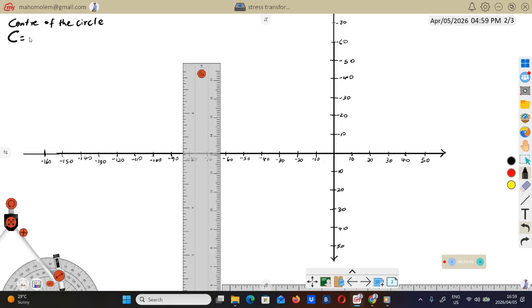So average, if we have two stresses, you just have to add those two stresses, and then we divide by 2.